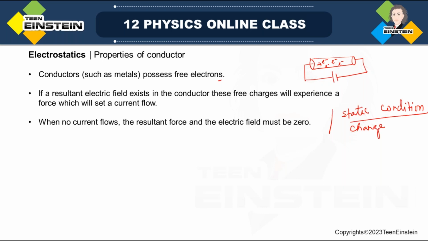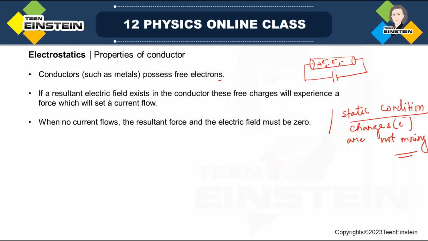Or here I can say directly, electrons are not moving in the static condition. So if electrons are not moving in the static condition, then what implications do we get from here?